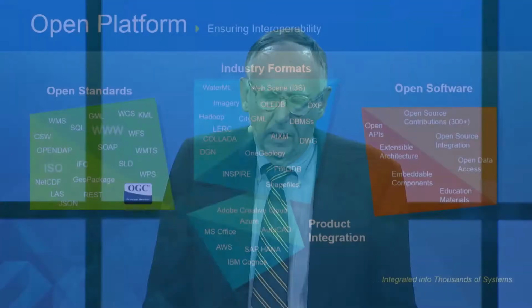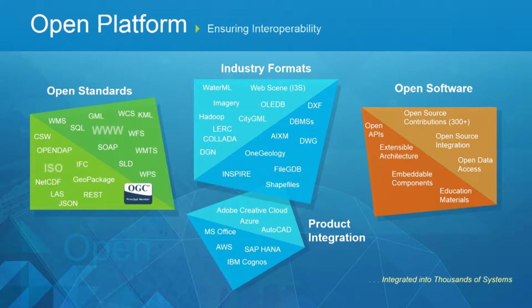A second one, equally important, is the ability to support industry formats like DWG or the INSPIRE formats, so that we can directly connect our software with other software, reading each other's tools, and also do product integration, for example, directly with AutoCAD or directly with SAP HANA or directly with the Adobe Creative Cloud, so that I can be in Adobe and access the geographic information in my system.